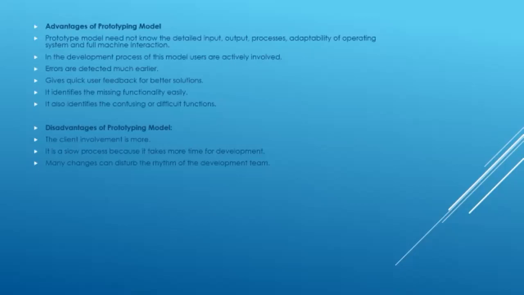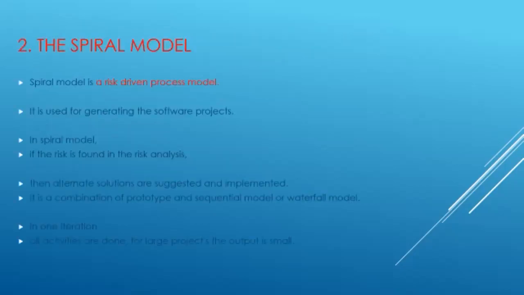There are some disadvantages of this model. First one is that the client involvement is more. It is a slow process because it takes more time for development. Many changes can disturb the rhythm of the development team.